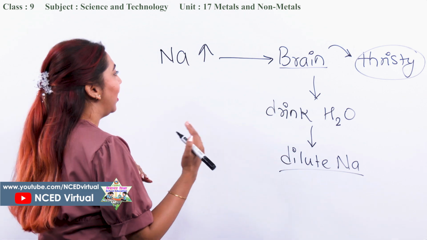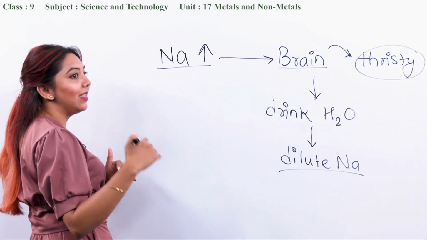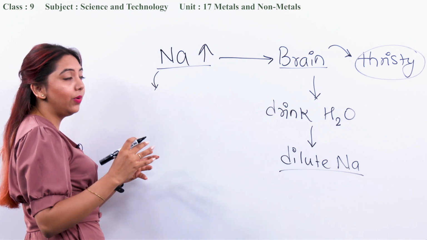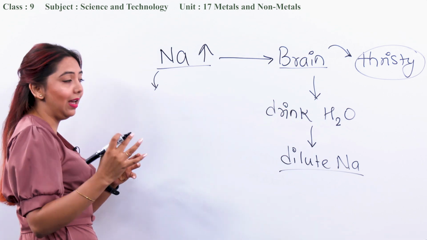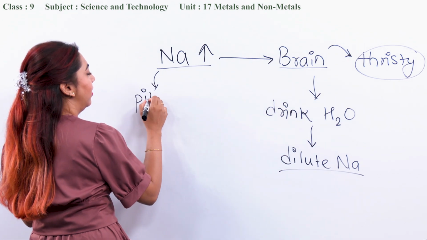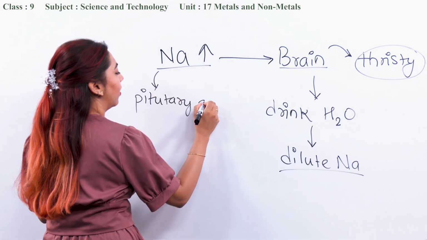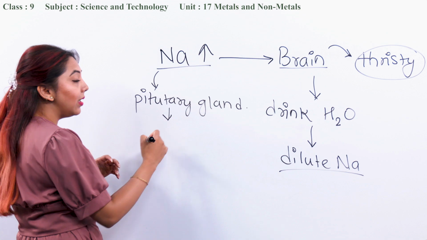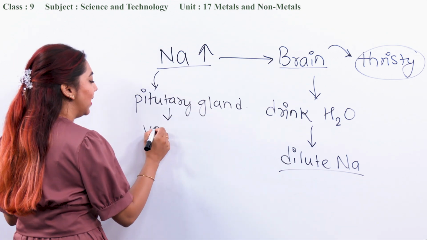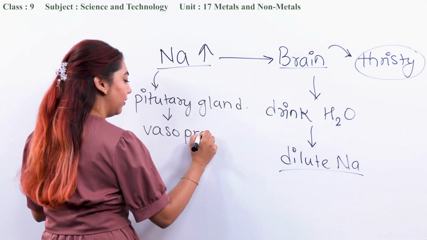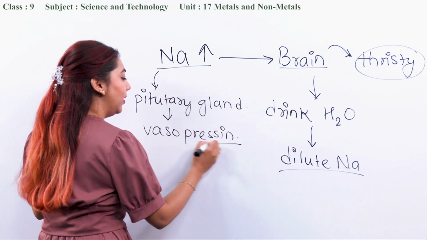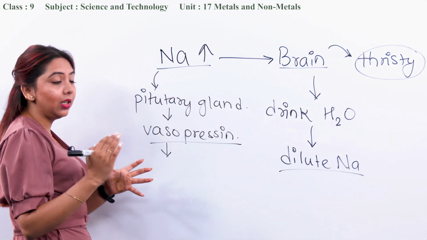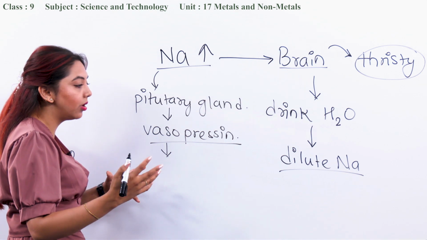Not only that, side by side, if the sodium level is increased in our body, it triggers the pituitary gland. Pituitary gland is an endocrine gland that secretes a certain hormone called vasopressin. Now, this hormone tells the kidney to conserve more water.